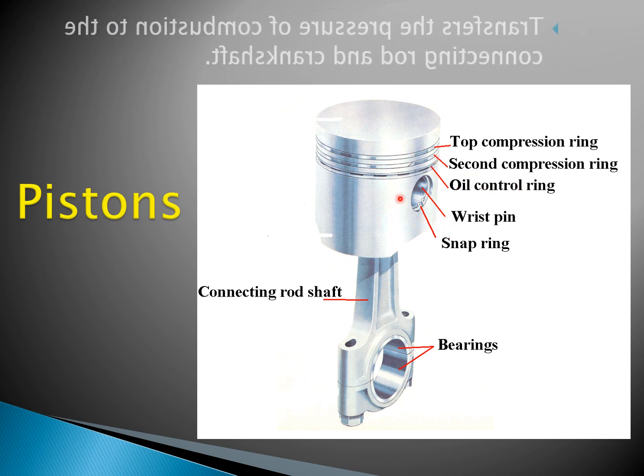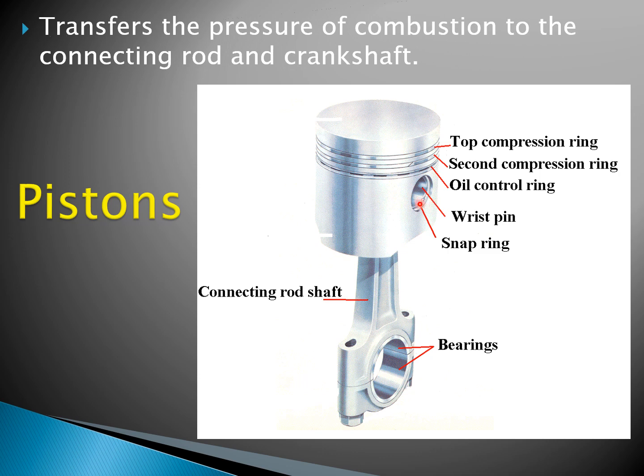I'm not going to test you on knowledge of a wrist pin or a snap ring, but that is how the piston itself connects to the connecting rod, which I do want you to remember. And then this portion here where the bearings are is what goes around the crankshaft.